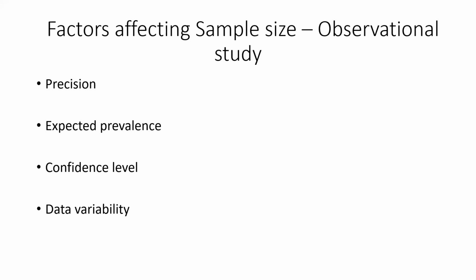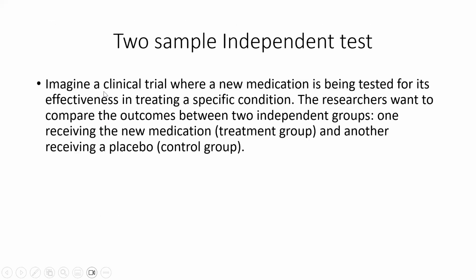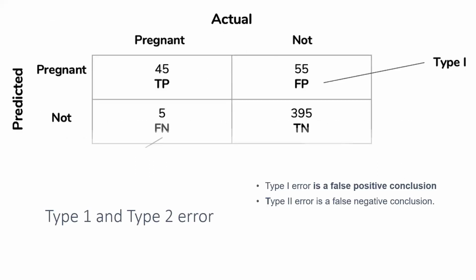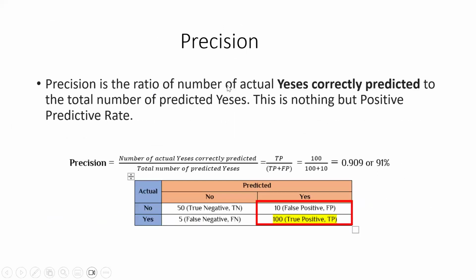So we will see the sample size calculation for both observational and interventional study, and what are all the factors affecting sample size for observational study. The first one is precision. We have seen precision in the confusion matrix, right? Precision is nothing but the number of correctly predicted positives to the total number of predicted positives.